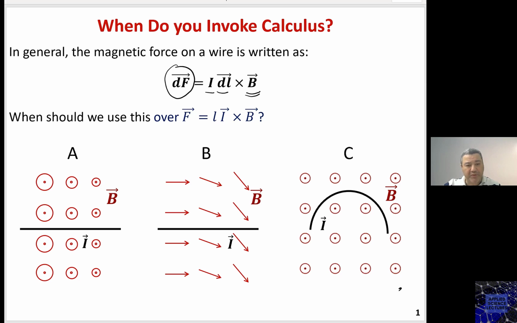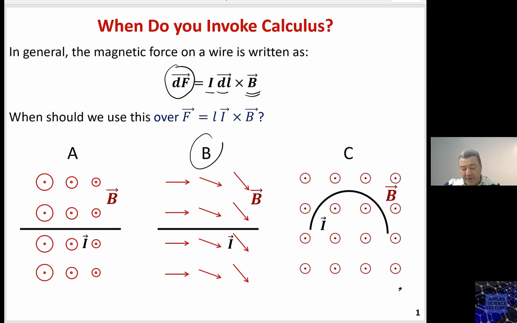It's the same from the start to the end of the wire. However, the magnetic field is varying, and this variation is going to create a variation in the magnetic force, and that's why we have to use integration here.